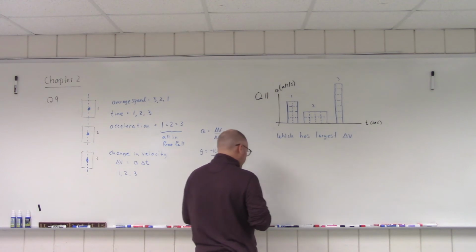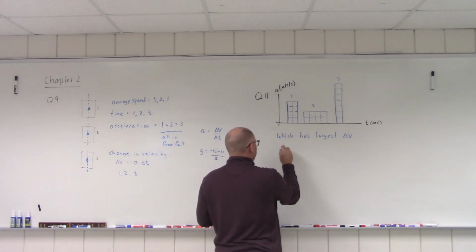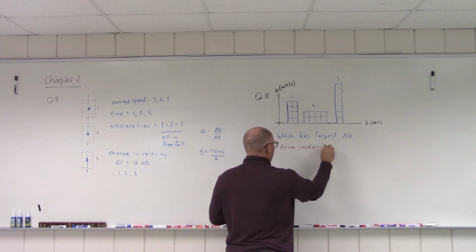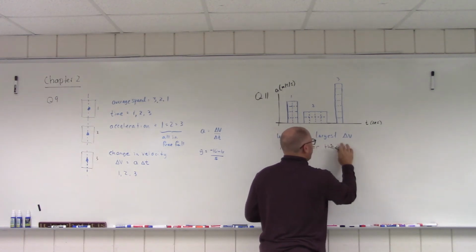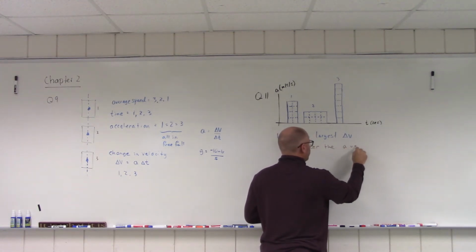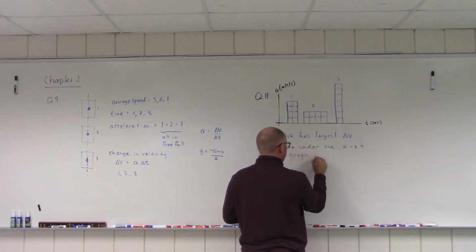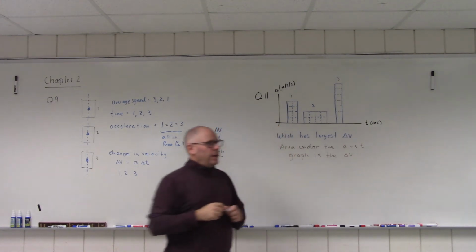The thing that's important is that the area under the a versus t graph is the change in velocity. That's one of our rules.